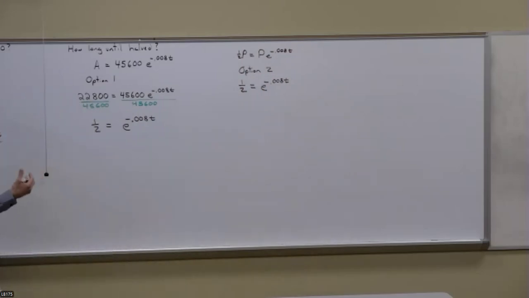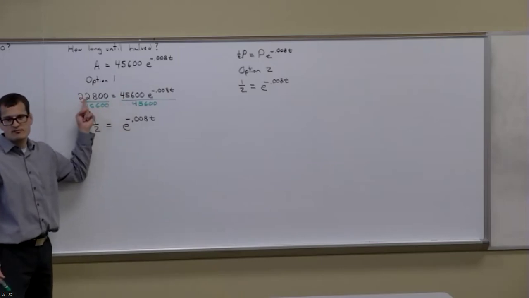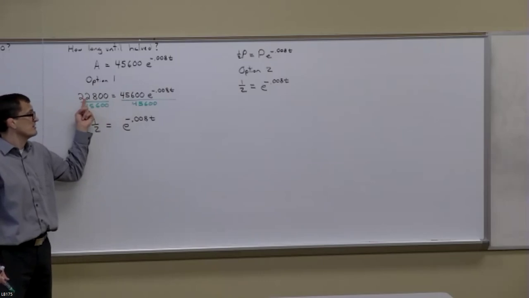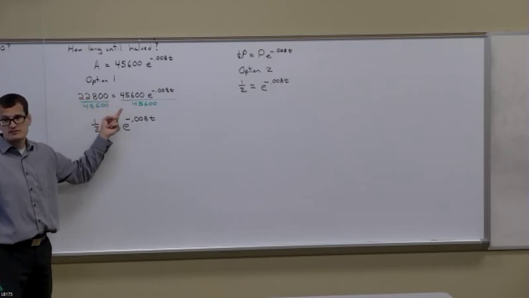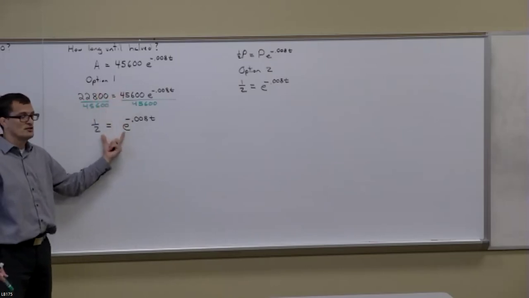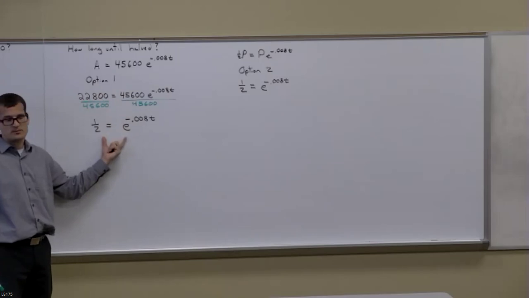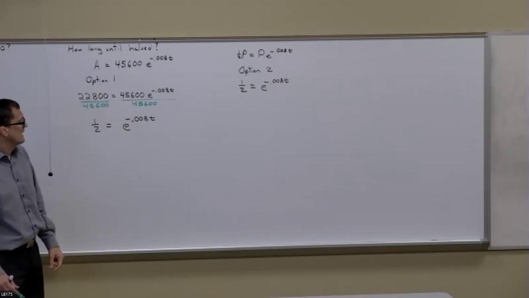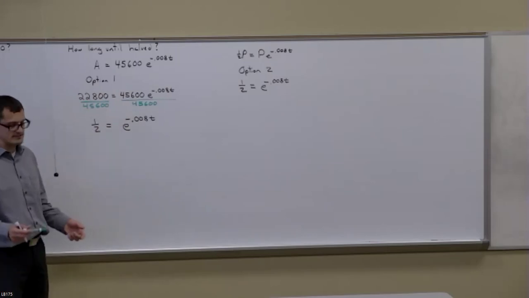So whatever our principal started with, the time it takes to get a half can be calculated by just taking the amount to be half the principal, and dividing by the principal on both sides, and you get that. So I didn't have to really do the work of figuring out the half amount of 45,600 is 22,800. I could have just skipped that step because I knew I was going to get this. That makes sense? And then either option from here is the exact same solving.